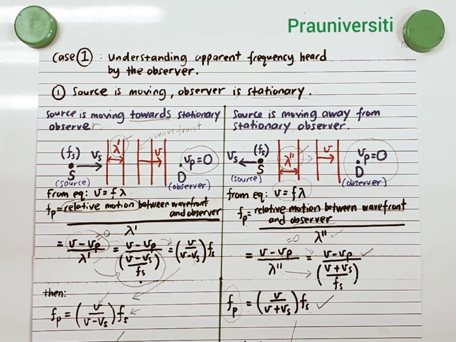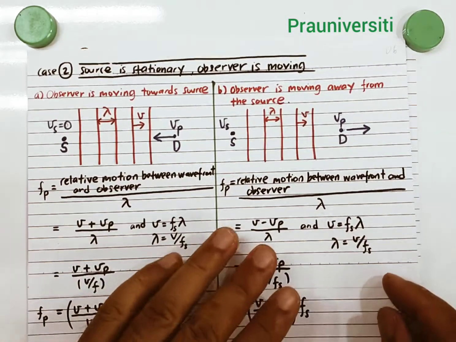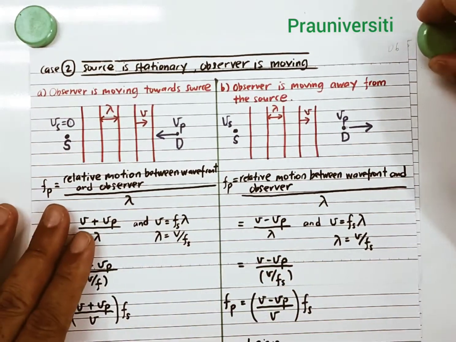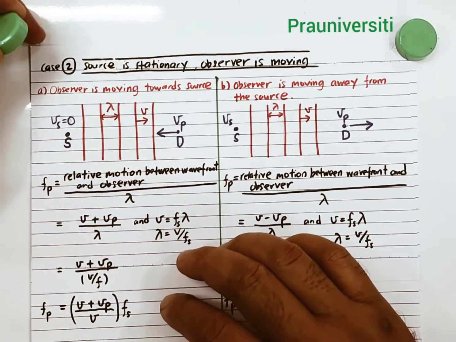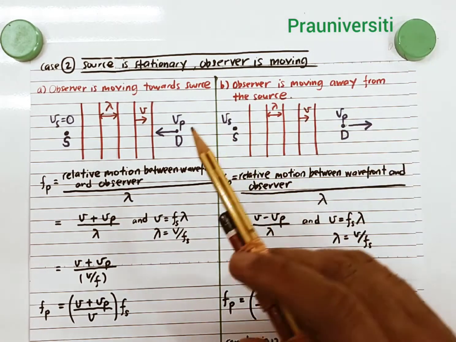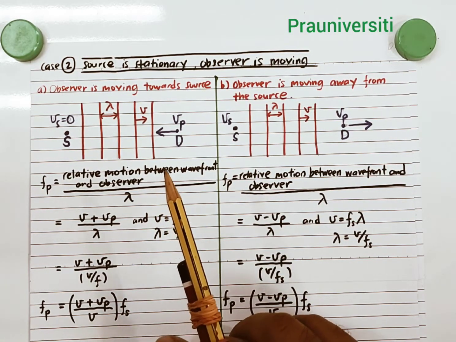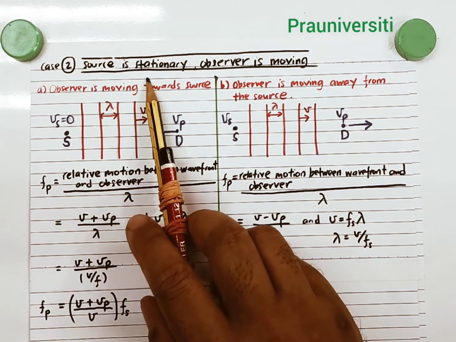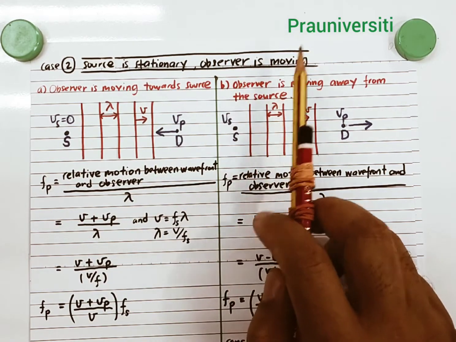Okay, so we continue with the second case. For the second case, in general, the source is stationary, so the observer is moving.